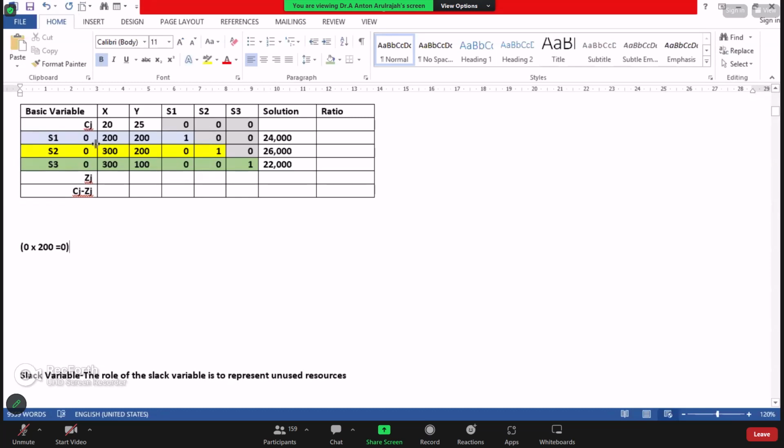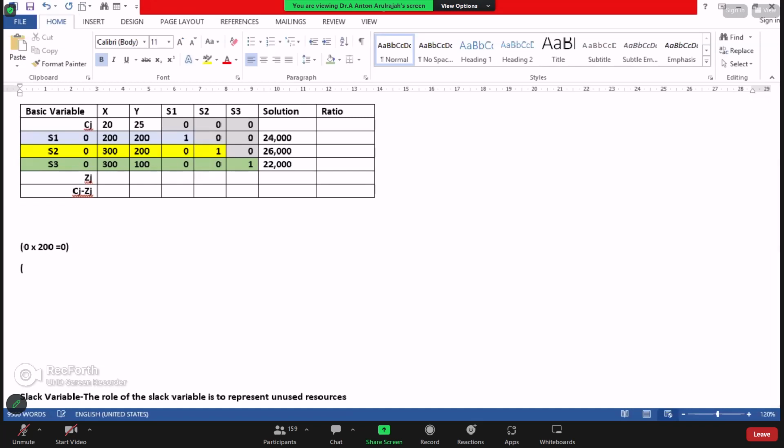Again, the second one, this 0 has to be multiplied by 300. That is also 0. For the last one also, this 0 has to be multiplied by 300.